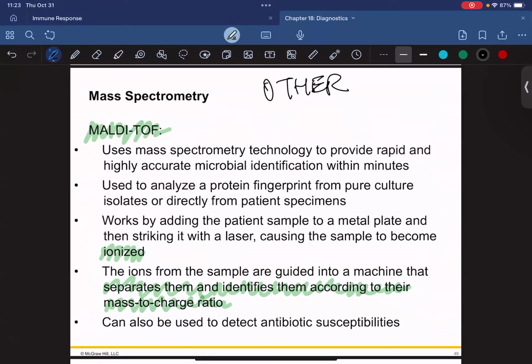Mass spectrometry. This is an example of a mass spectrometry technique that is MALDI-TOF. I don't remember what MALDI stands for, but I know M is mass, okay, and TOF is time of flight. What happens with this is they shoot lasers at the patient sample, whatever it is. Ions will fly off and it'll keep shooting at it.